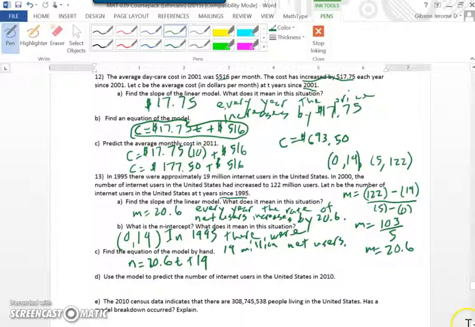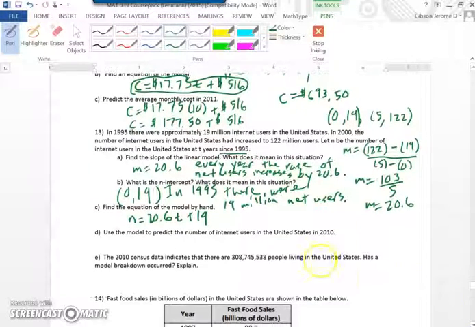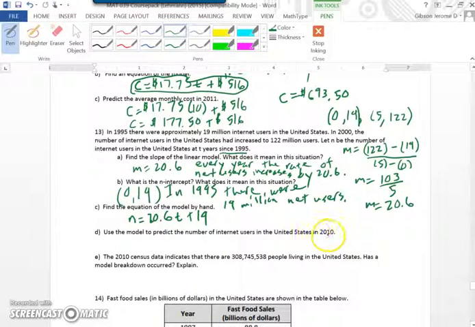Now it says use the model to predict the number of internet users in the United States in 2010. Remember, everything here is since 1995. That's 15 years from 1995, so we take this equation and put in 15 for t.